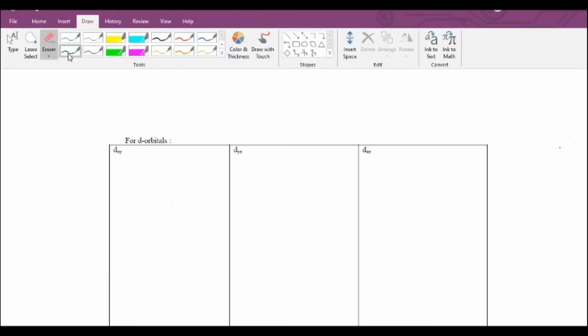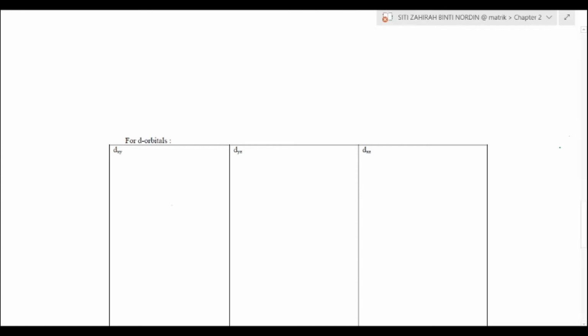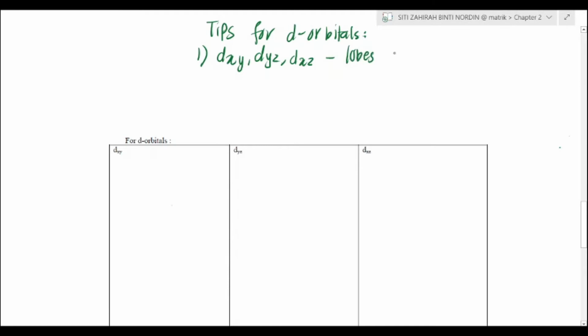The last orbital that you need to draw is d orbitals, and I've got 2 tips on how to draw d orbitals. The first tip, for orientation dxy, dyz, and dxz, your lobes must be between axes.